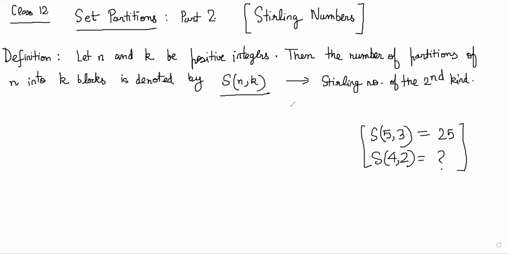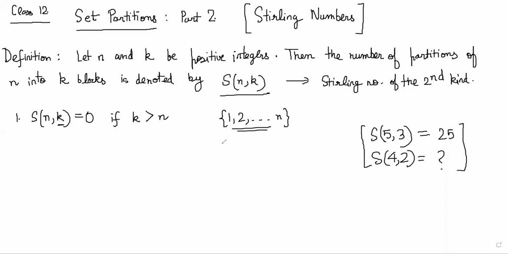So let's think about what the values of the Stirling numbers are. We'll start off with S(n, k) equal to 0 if k is greater than n. Why is that true? If you have a set 1 to n and you have to divide it into k partitions, and k is bigger than n, then this doesn't satisfy our condition that the subsets are non-empty.